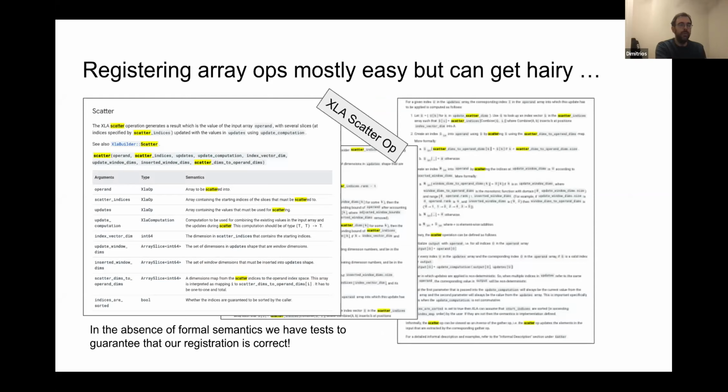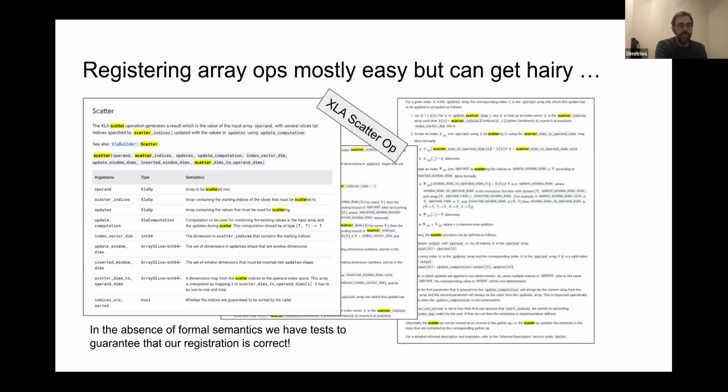So as I said, we register all the array ops of the underlying language, or as many as we can, with our registry, which is generally easy and intuitive, but it can get really, really hairy. As an example, if you ever happen to browse the XLA scatter op specification, you'll figure out that it has, I don't know, like 9 operands.